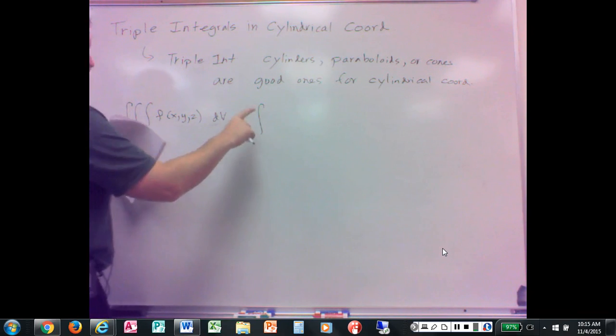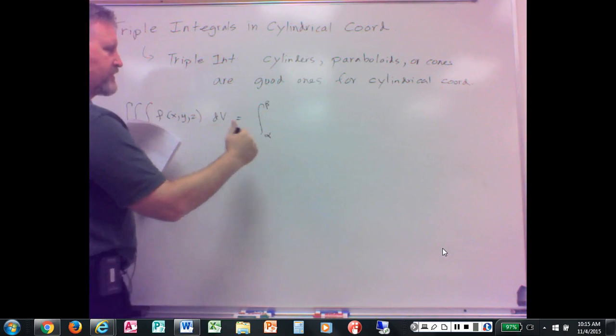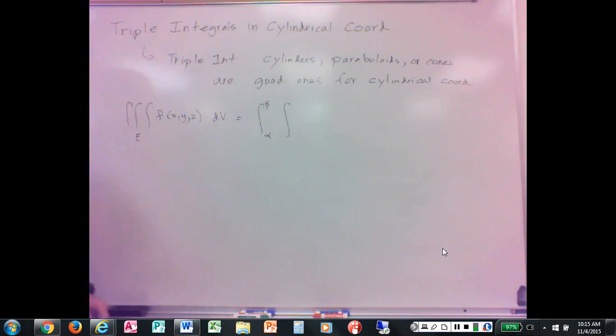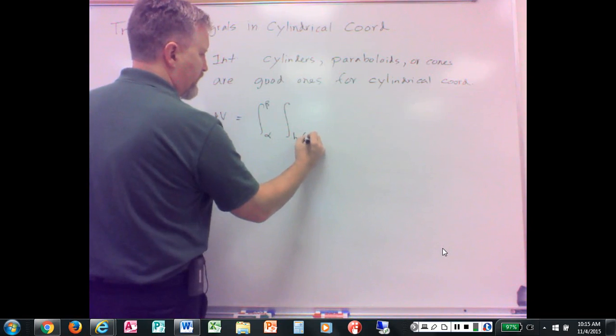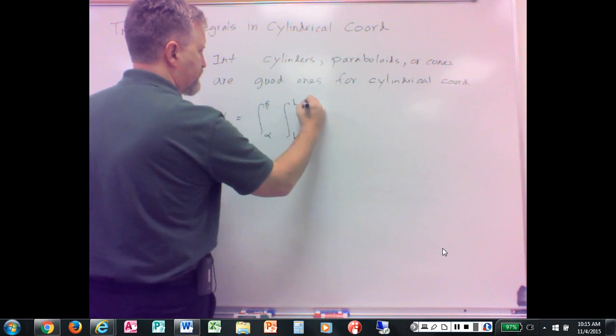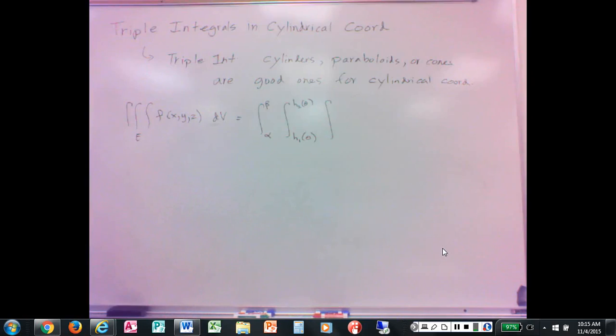Let's put the theta out here. So theta is going to go from alpha to beta. Then usually our radius is somehow a function of theta, so let's call it h1 of theta, h2 of theta, and that leaves the z's, which usually z is written as a function of x and y. But since we're in polar, x and y are r cosine theta, r sine theta.